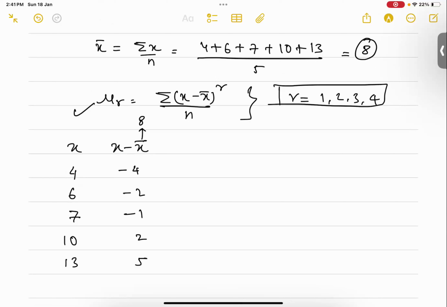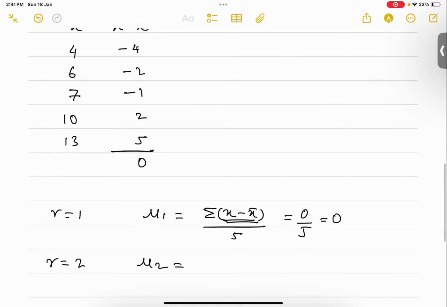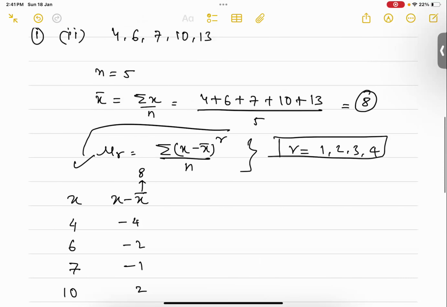Now the rest of the problem is quite simple. Take r is equal to 2. So mu 2 is summation x minus x bar, and you put r as 2 over here, upon n. N is 5. Now I have seen students squaring this particular value, which is wrong. Summation is besides x minus x bar square.